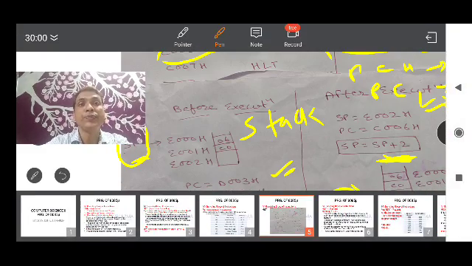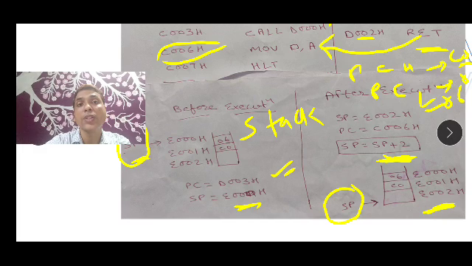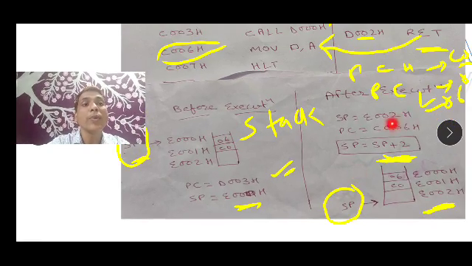How to explain, suppose in your vivas they ask you what a return instruction is, you should say that the return instruction is exactly the opposite of the call instruction. In the return instruction, whatever is there in the stack is given to the program counter.